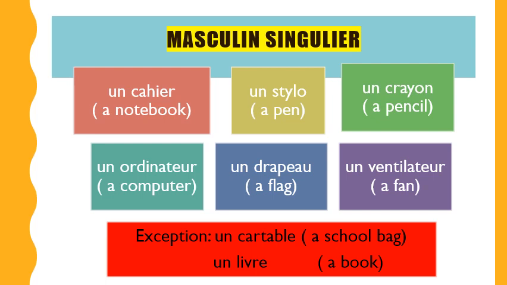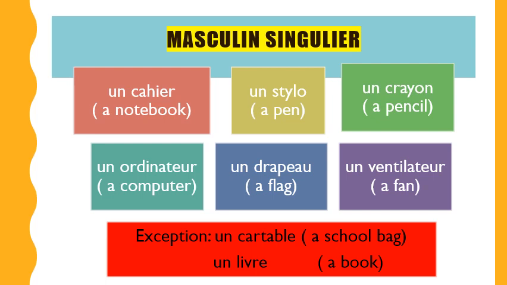Let us see some examples of the nouns which are masculine singular. The first one is un cahier. That means a notebook. The next one is un stylo. That means a pen. The next one is un crayon.